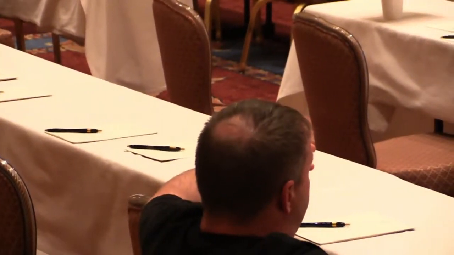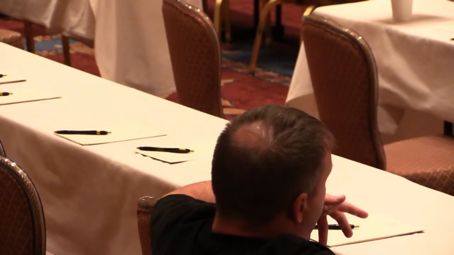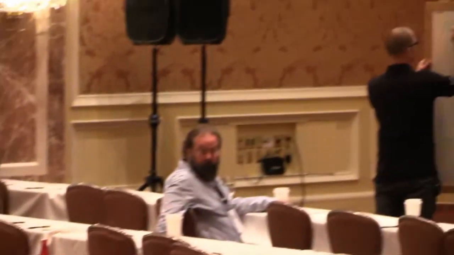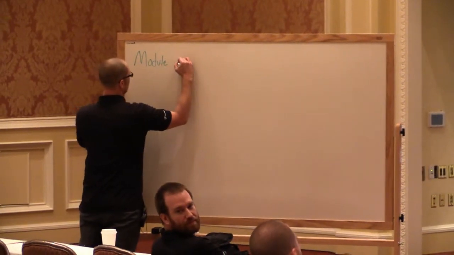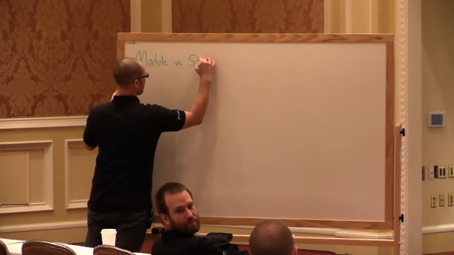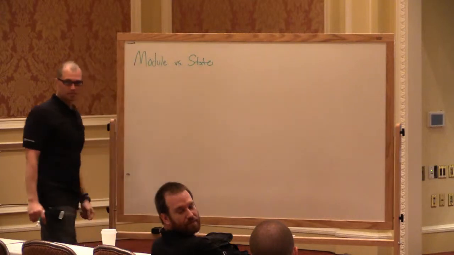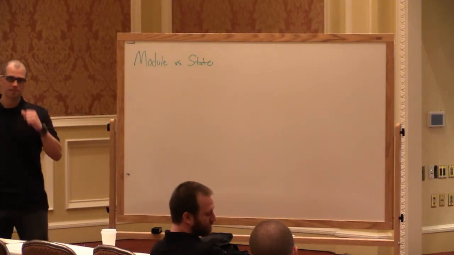As I integrate and indoctrinate with my organization, the one question is, what's the difference between a module and a state? Why would I use a module? Why would I use a state? And I think the documentation is really hard to figure out. Obviously I know what it is, and probably everyone in this room does, but for a new user, especially when you say Chef, I encountered it this last month.